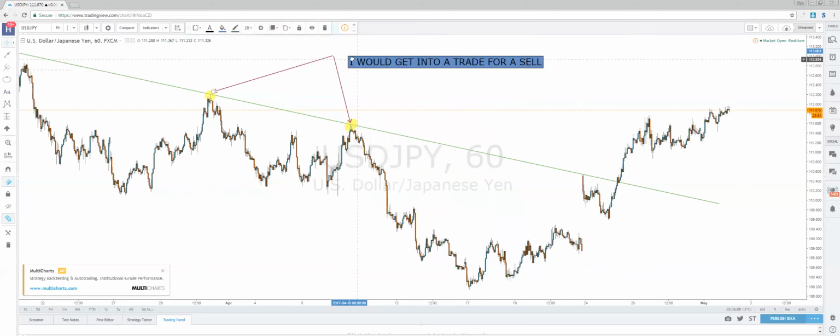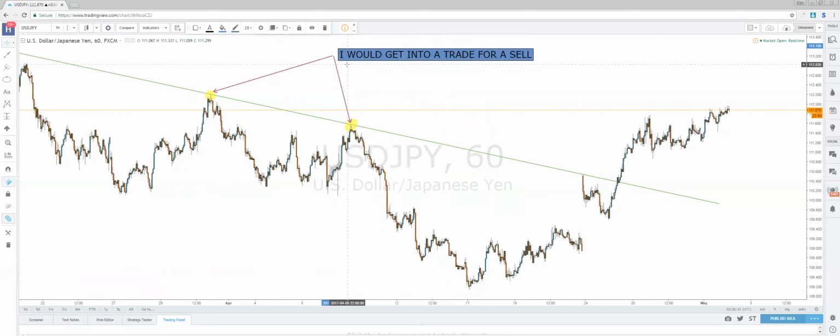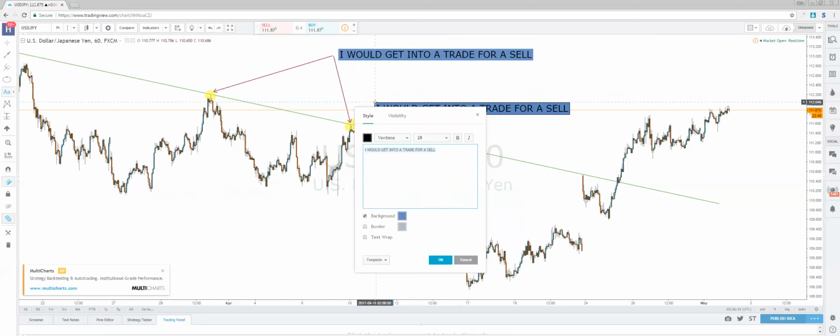Why? When I sell USDJPY, I want the exchange rate to go down, right? The US dollar gets weaker against the yen.